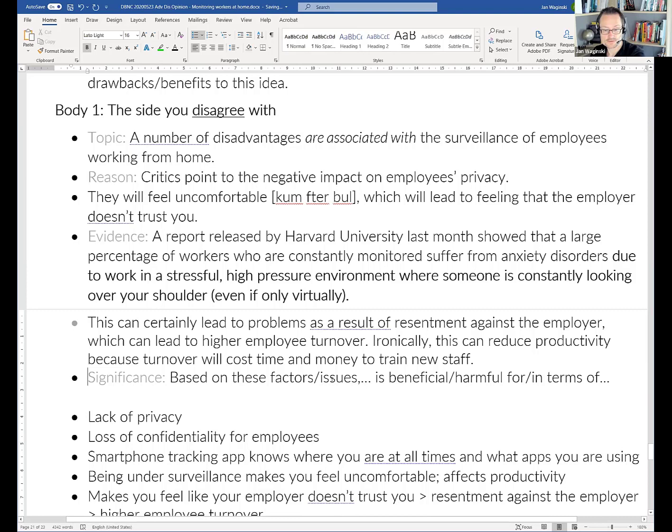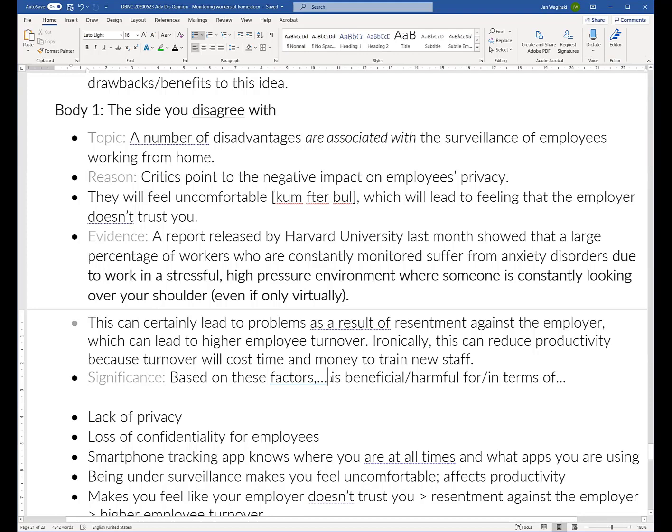Based on these factors, a lot of people not preferable. Just keep it simple. Use the template here.